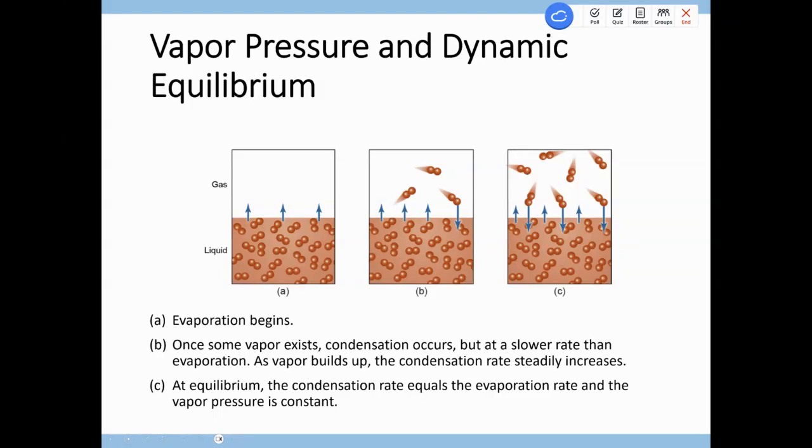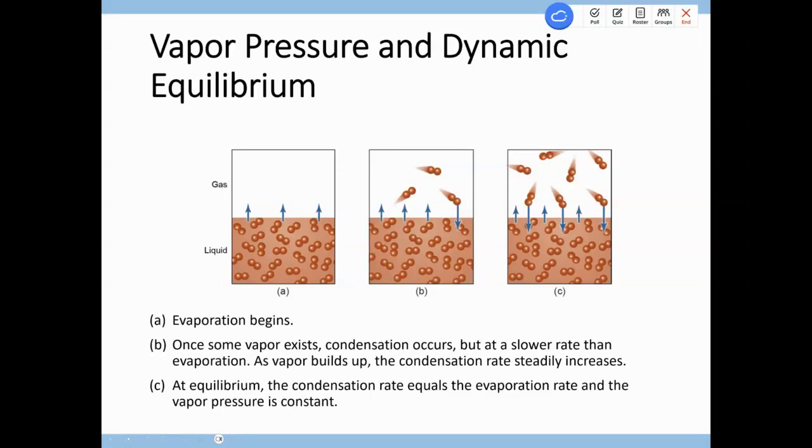If you have a closed system, there's a constant vapor pressure. But that doesn't mean that the specific molecules that are in the gas phase remain in the gas phase. There's constantly some gaseous molecules condensing to become a liquid again, and some liquid molecules evaporating to become a gas.